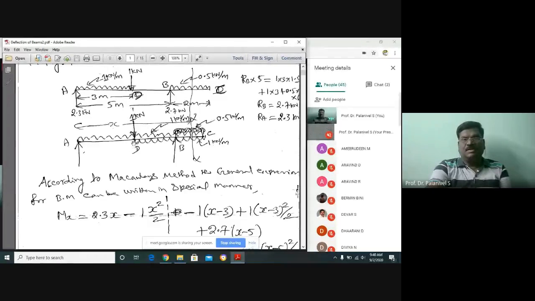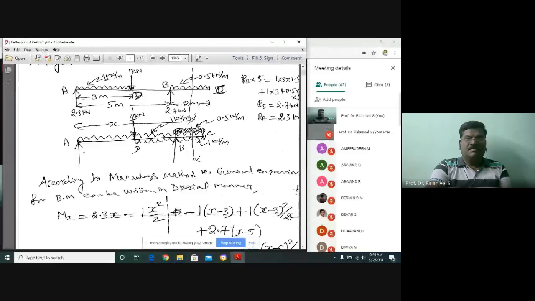So it is 1 into x minus 3 divided by 2, from the section to the center of its run. The center of the upward UDL is located at half of that, so the moment is x minus 3 whole squared by 2.